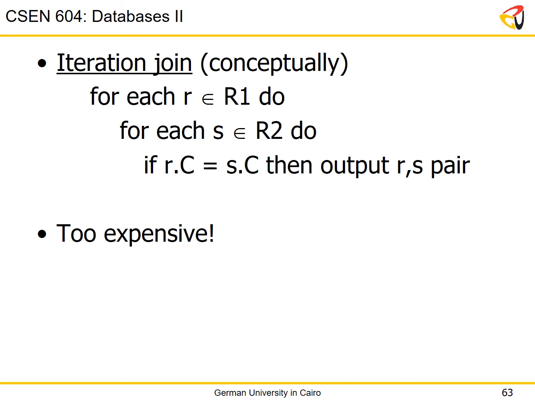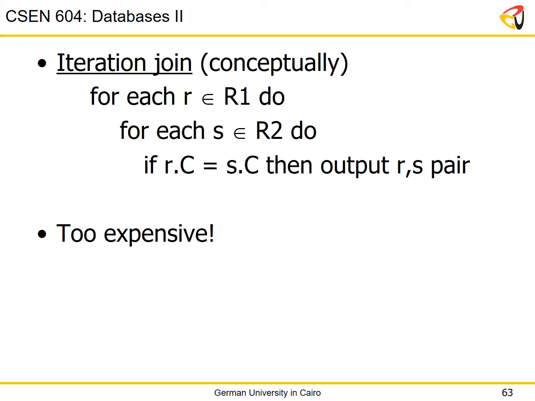So let's look at iteration join. This is simple linear scanning to do a join. I'm going to go to R1, and for every row in R1, I will loop on S to find a match for the common column, which is C, R1.C with S.C. So this is like a pair of nested loops. It will literally be written like this. The outside loop is iterating on R1.